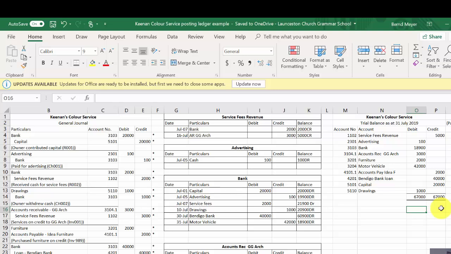What it shows is that you've done the process of posting from the general journal to the general ledger, and then finding your final balances and done your maths correctly. That's what that shows, but you can still have those mistakes. I would ask you to note the reasons why the balances can still be equal, but the trial balance itself could be incorrect.